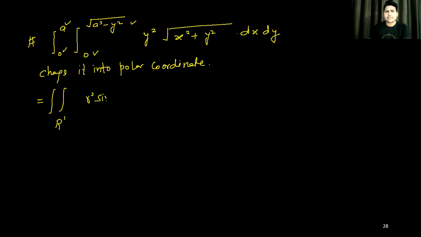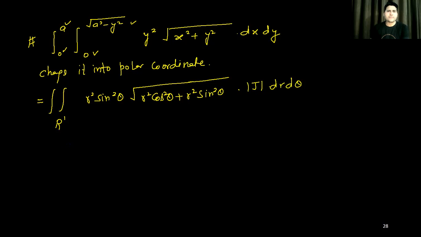r squared sin squared theta, root over x squared, that is r squared cos squared theta plus y squared, that is r squared sin squared theta, into Jacobian into dr d theta, which will be equal to the double integral over r to the power 2 into (sin squared plus cos squared, which is 1), that is root of r squared, which is r, and r into r squared will be r cubed.